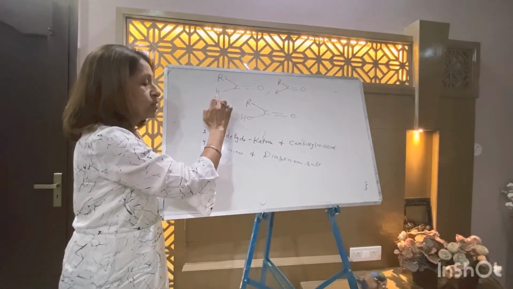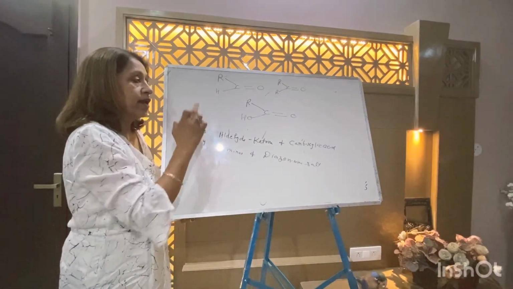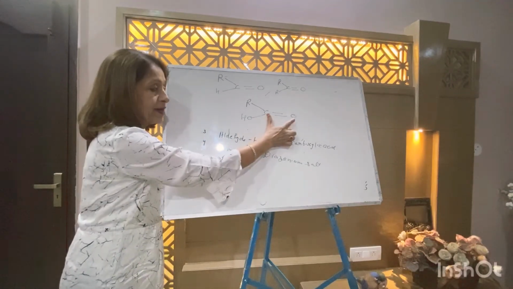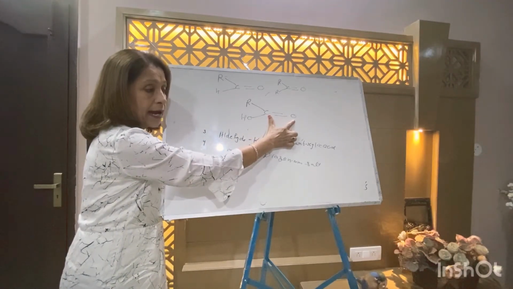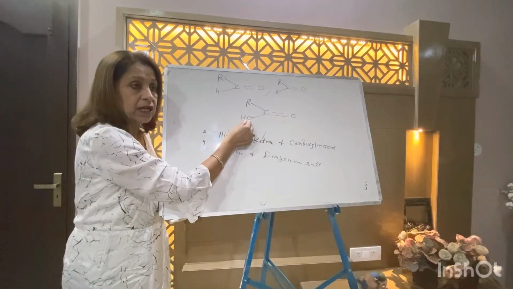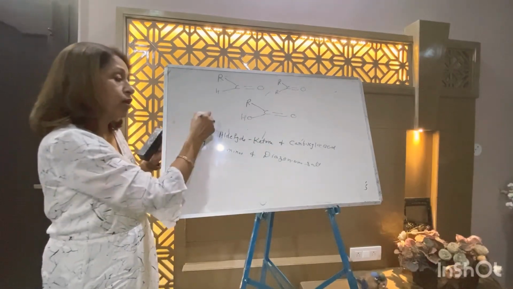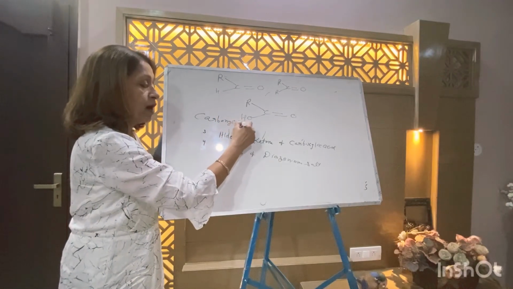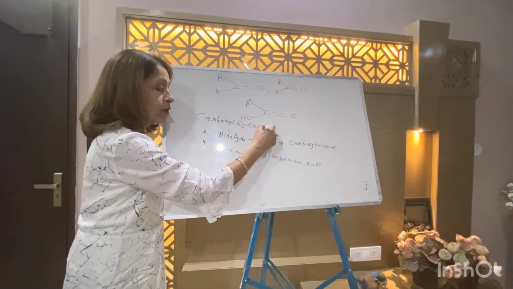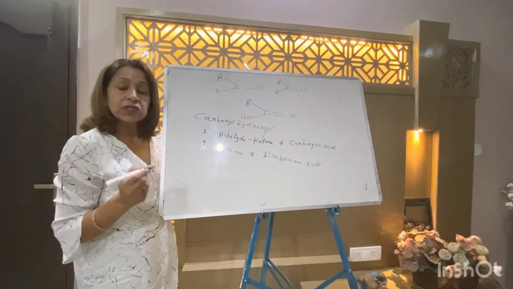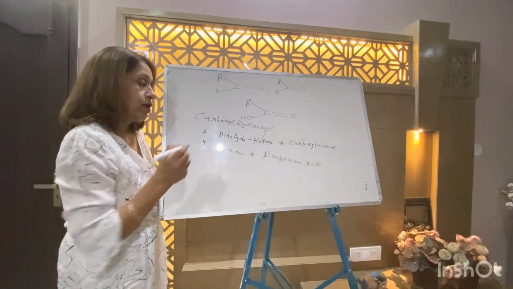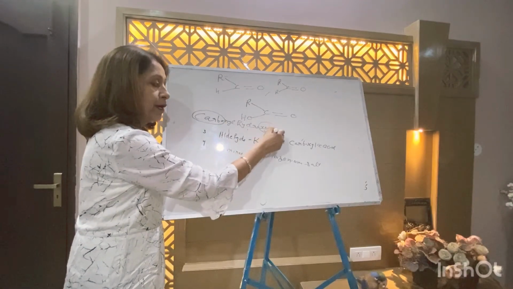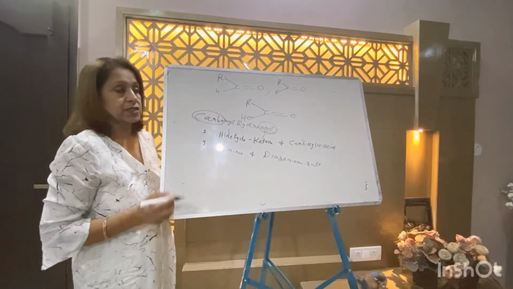In ketone, in place of H there is R. And in carboxylic acid there are 2 functional groups: one is carbonyl, CO, and another is hydroxyl, OH. So it has two functional groups, carbonyl and hydroxyl, and becomes carboxylic acid.